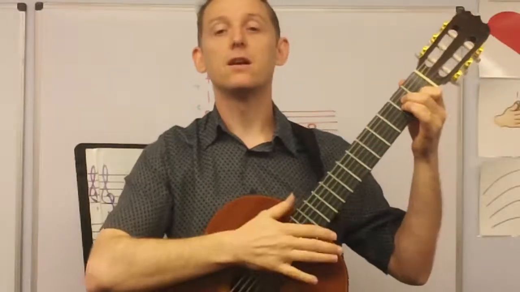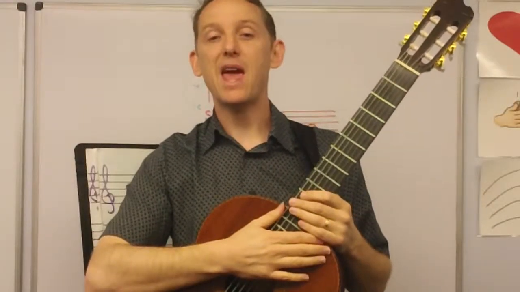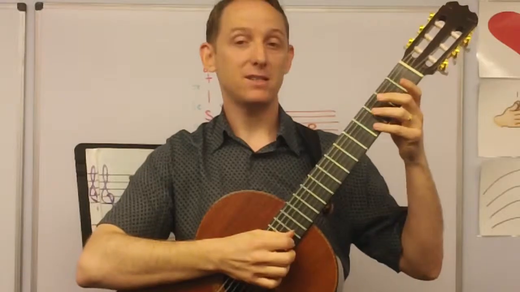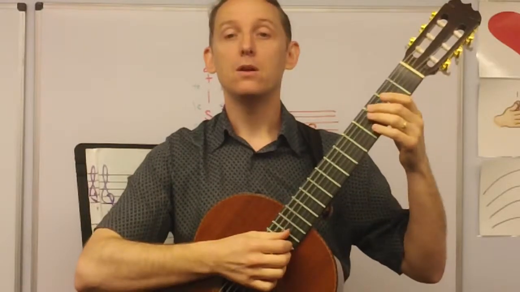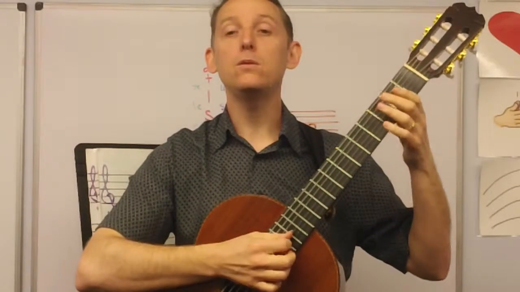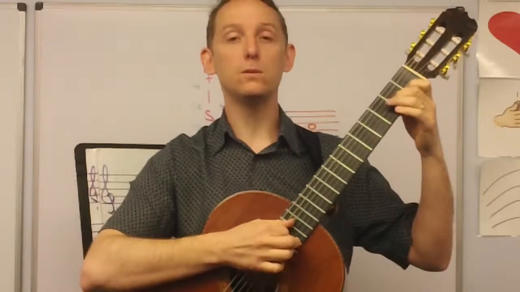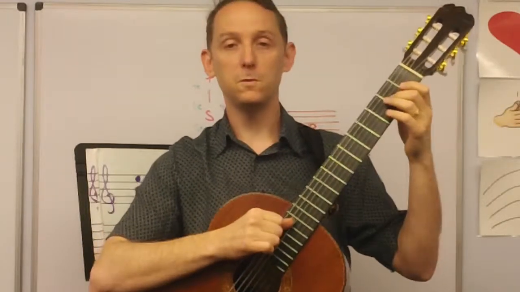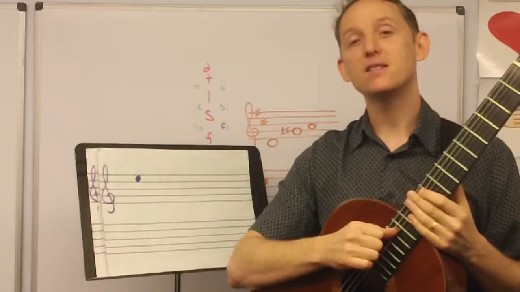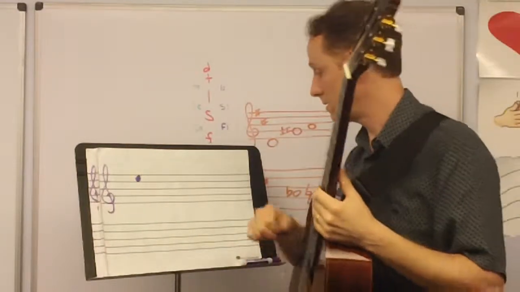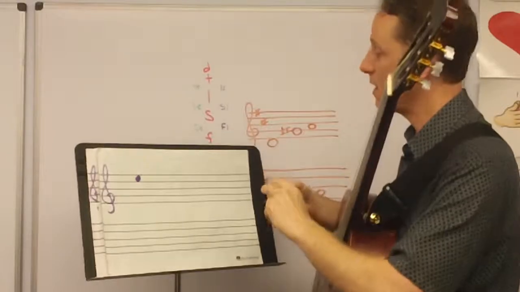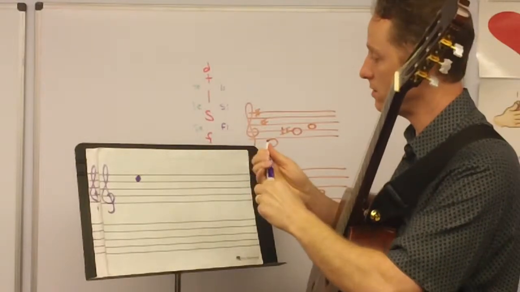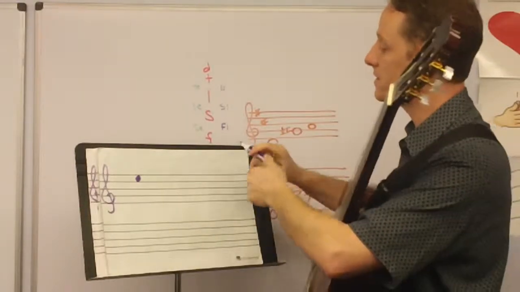Your next example is in the key of A minor. Might sound familiar to you. Pause and write. And here's your answer. We're in the key of A minor, so there's no sharps or flats.